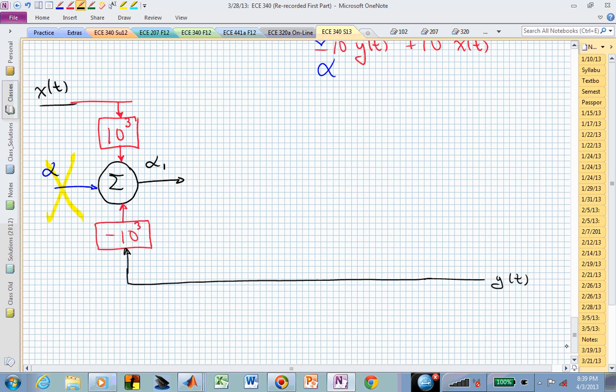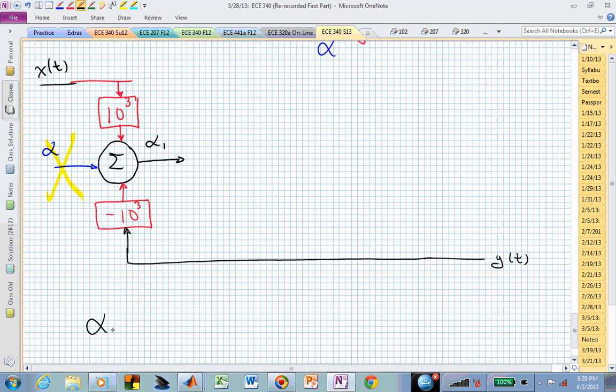which allows me to conclude that alpha 1 is equal to y triple prime of t plus 20y double prime of t plus 200y prime of t. That's what alpha 1 is.